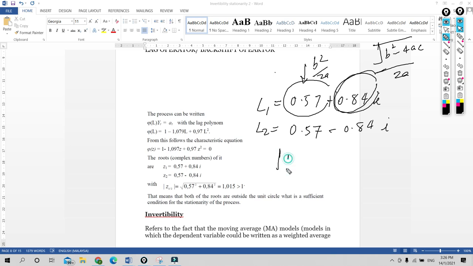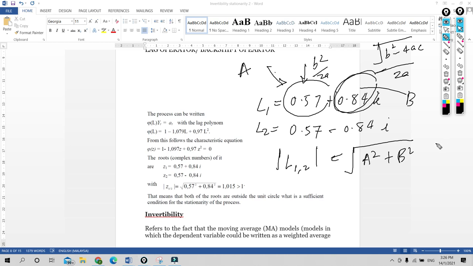The absolute value of L for 1 and 2 is equal to the square root of, so you can apply this formula, the first factor here, let's say this is capital A, and this is capital B. The absolute value of L1,2 is equal to the square root of A squared plus B squared. This must be greater than 1.